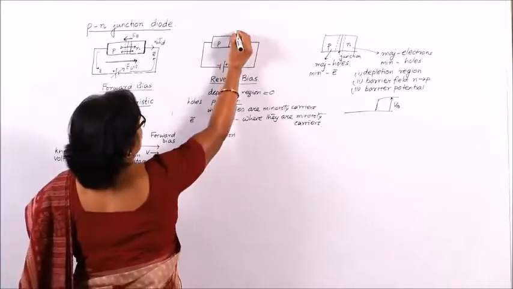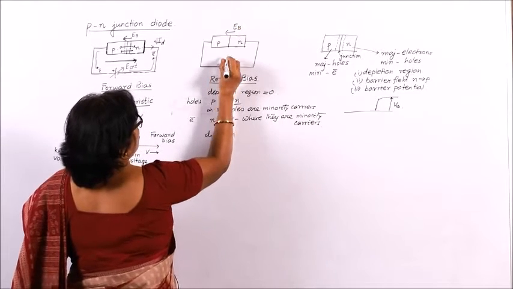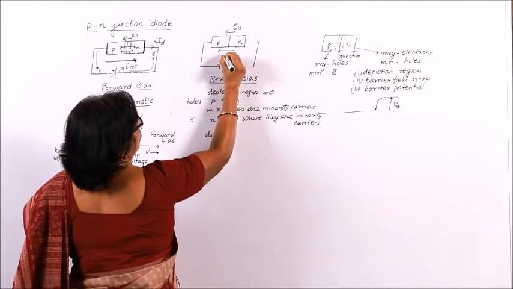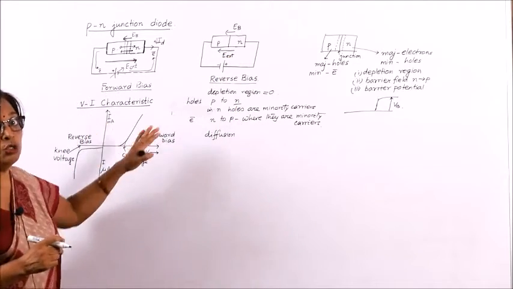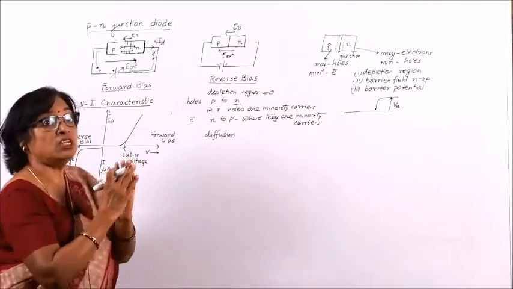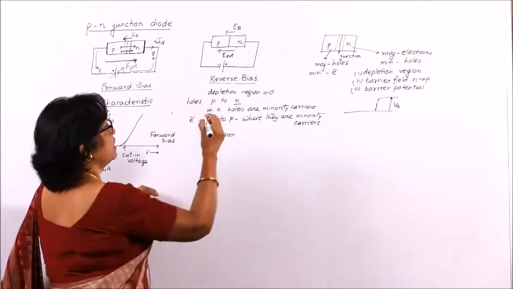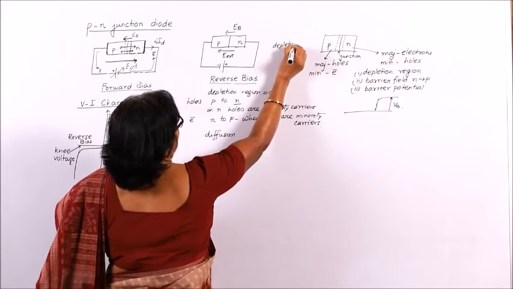In this case, the barrier field is along this direction, and the external field, given due to this potential, is also in this direction. So, these two fields will add up, which means the depletion region will now increase.